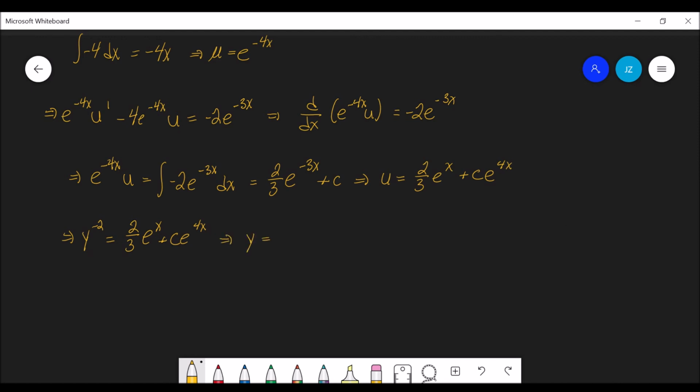And so y is 2/3 e to the x plus ce to the 4x raised to the negative 1/2 power. And of course, this should be plus or minus. So y is plus or minus 1 over the square root of 2/3 e to the x plus ce to the 4x.